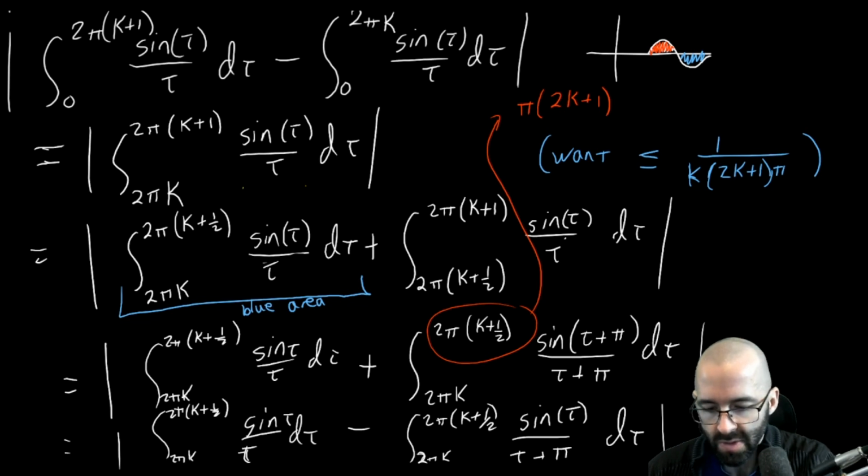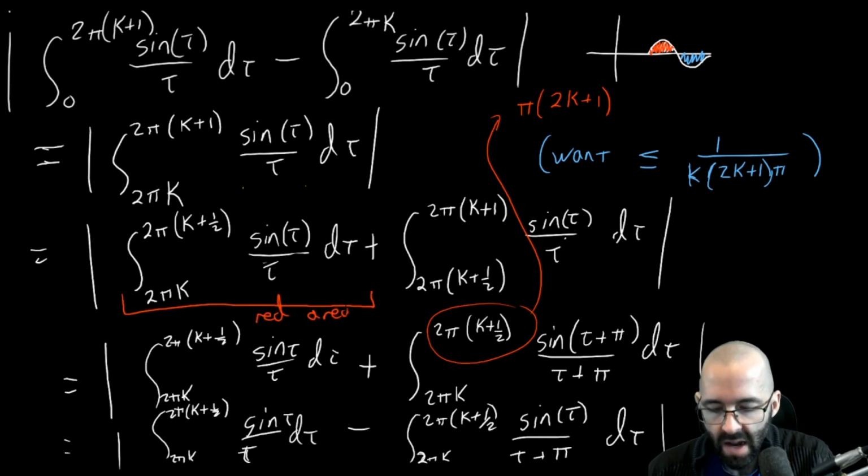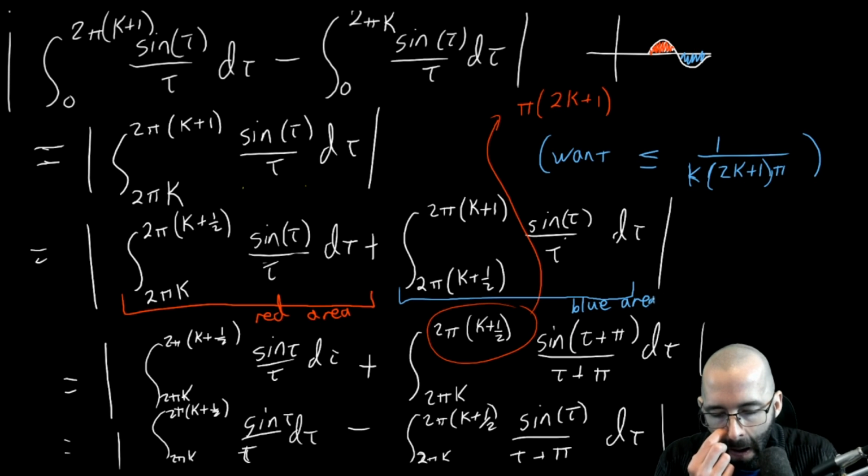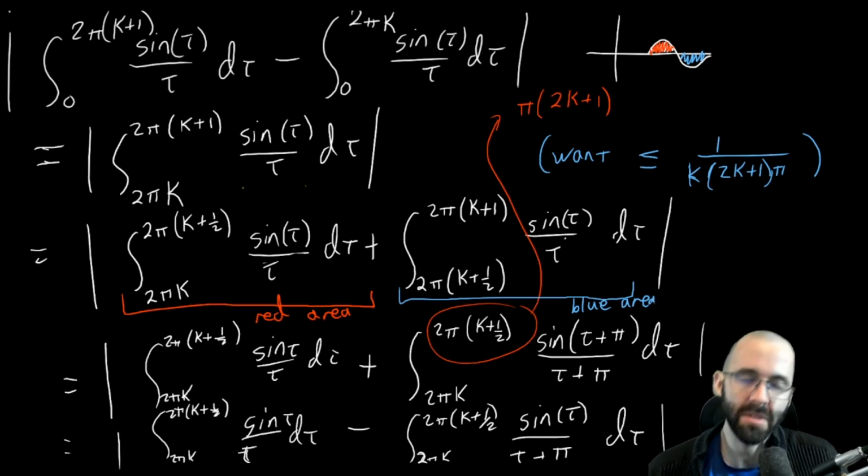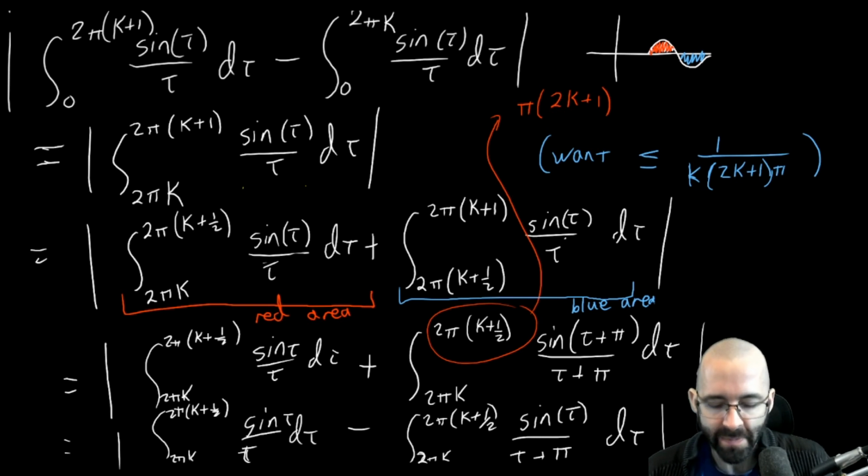Sorry, switch those. This is the red area over here, the first part. And the other one is the blue area. Technically, this is going to be a negative value, so it's not really the area, but the blue net signed area is really what I'm going for here.